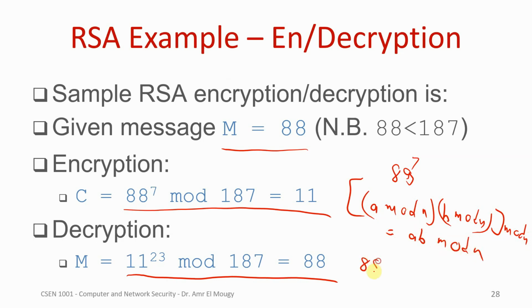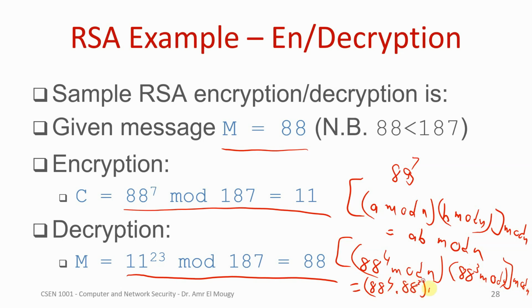So if you have, for example, 88 power 4 mod n multiplied by 88 power 3 mod n, and all of this mod n, this is actually equal to 88 power 4 multiplied by 88 power 3 mod n. That's the basic idea. You calculate smaller powers and use those to calculate higher powers, because the higher powers you will not be able to put on your calculator. If you do mod with a small power, then the number itself gets reduced, and so you will be able to do the calculation this way.